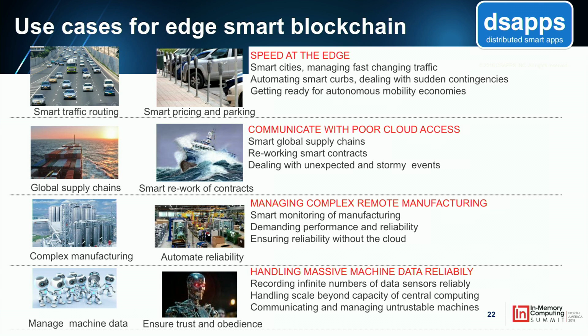Manufacturing is extremely important. When you talk to manufacturing managers, they don't want to be dependent on the cloud. All their IoT sensors, it's an absolute requirement that it should work without necessarily going to the cloud. It should be able to work with local area networks and so on. You will certainly need a network of some sort, but not necessarily going all the way to an Amazon server.